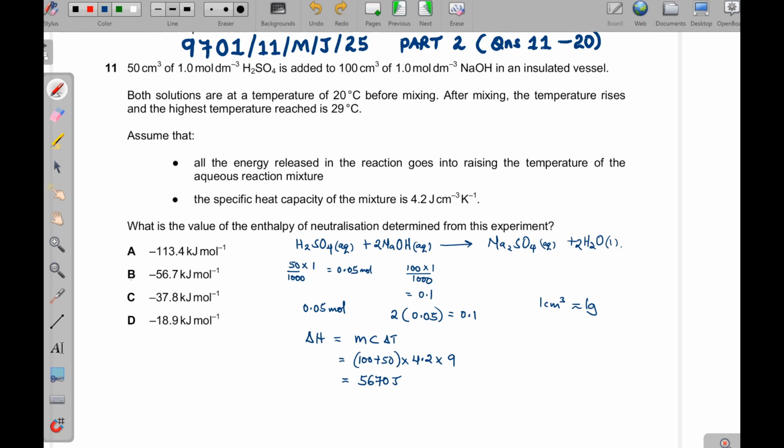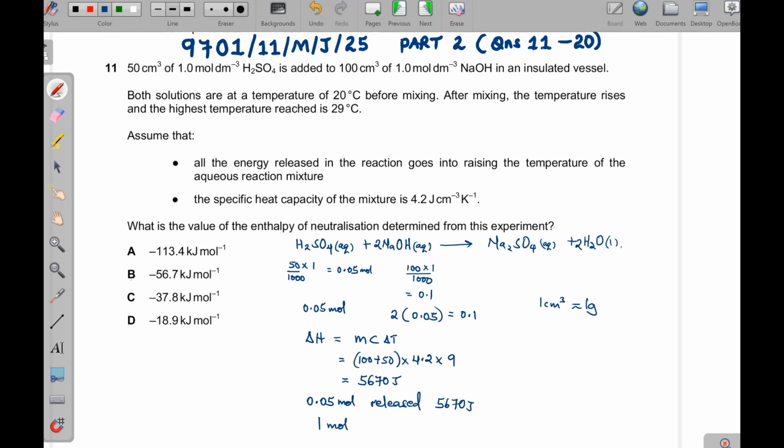So we shall say 0.05 moles released 5670 joules. Now how about 1 mole?